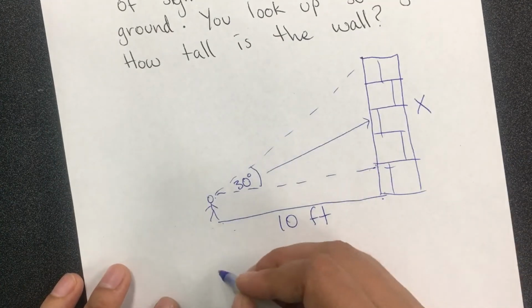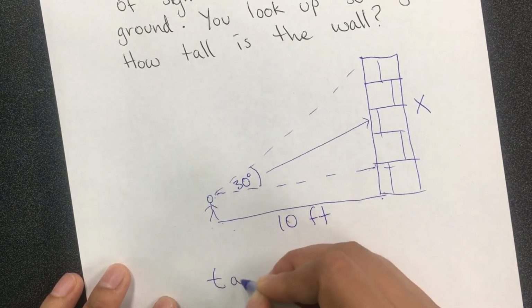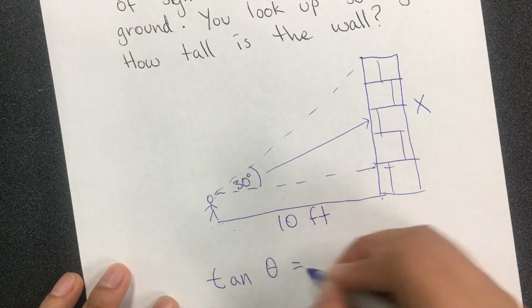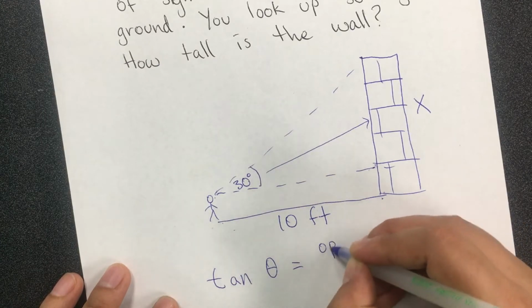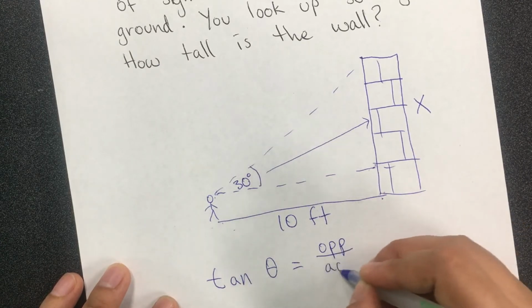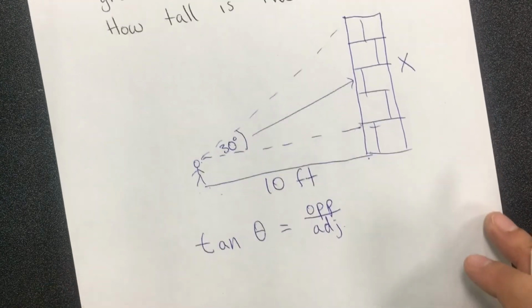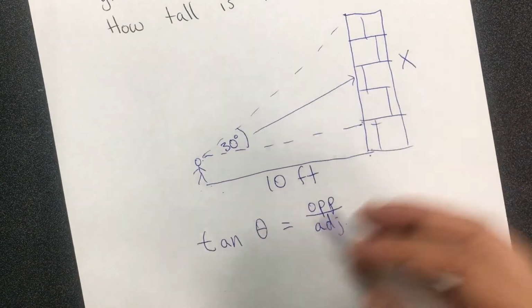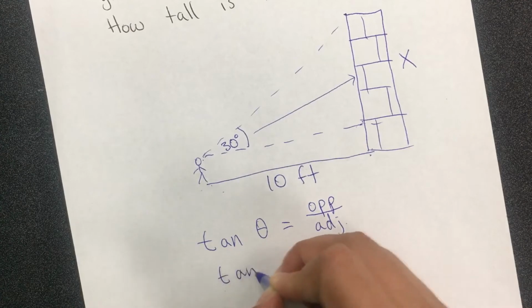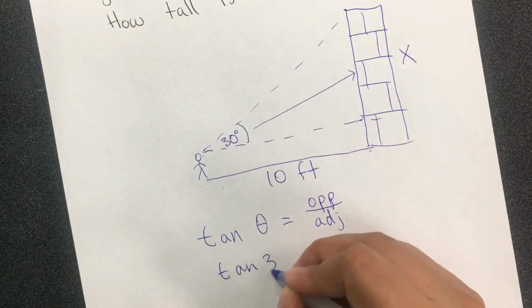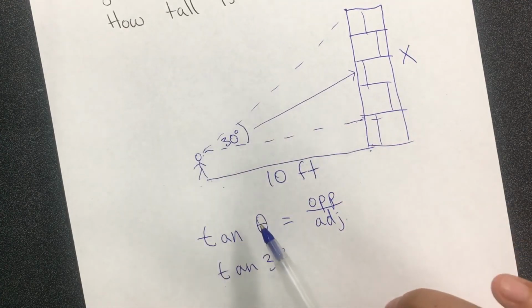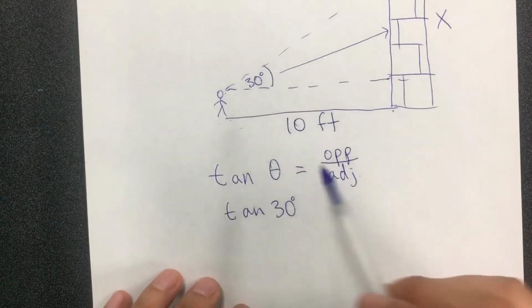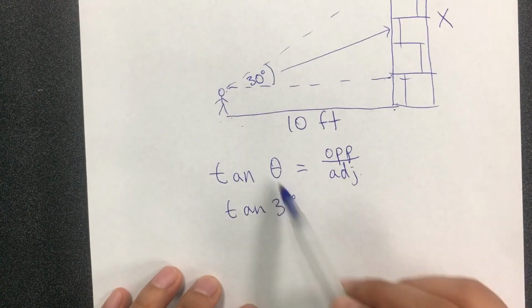And so in here we're going to have, again, tangent of theta is equal to opposite over adjacent. And what is opposite? So we're going to put tangent of 30. Remember, we're replacing now the angle, which is represented by theta.